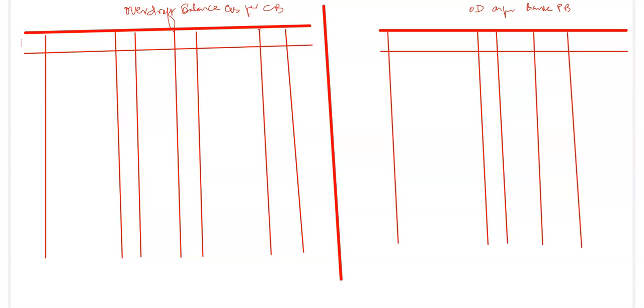So in cash book there should be date, particulars, cash and bank column. This is with regard to your debit side. Similarly, in case of credit side, date, particulars, cash and bank balance.